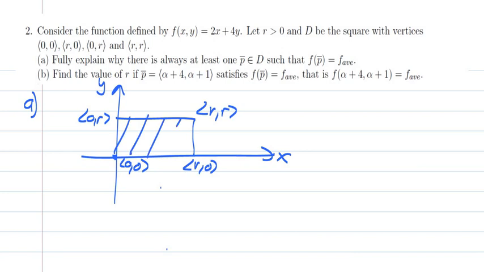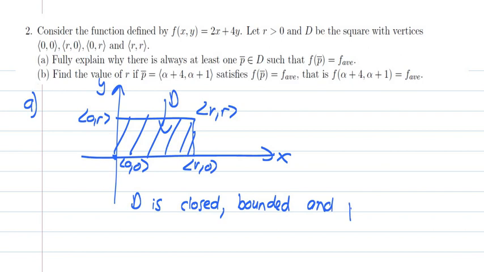Alright, this is region D. Now this region is very special, alright, because this region has a lot of properties, and we can say it. D is closed and bounded and path connected.